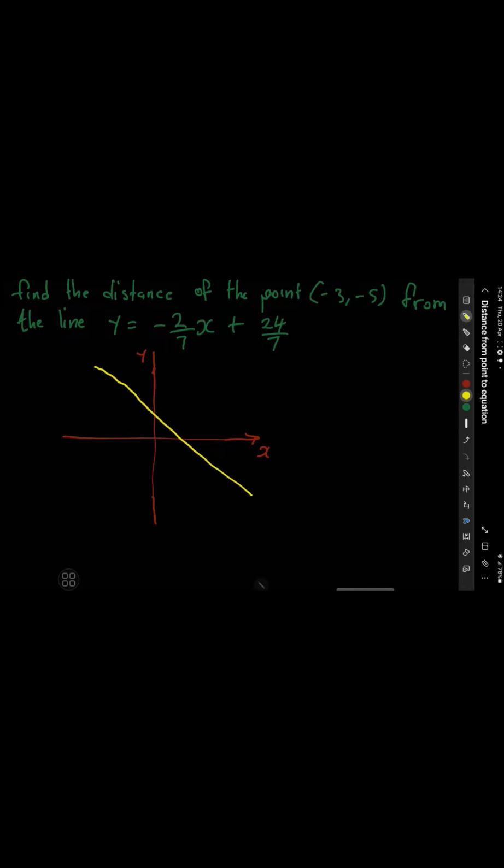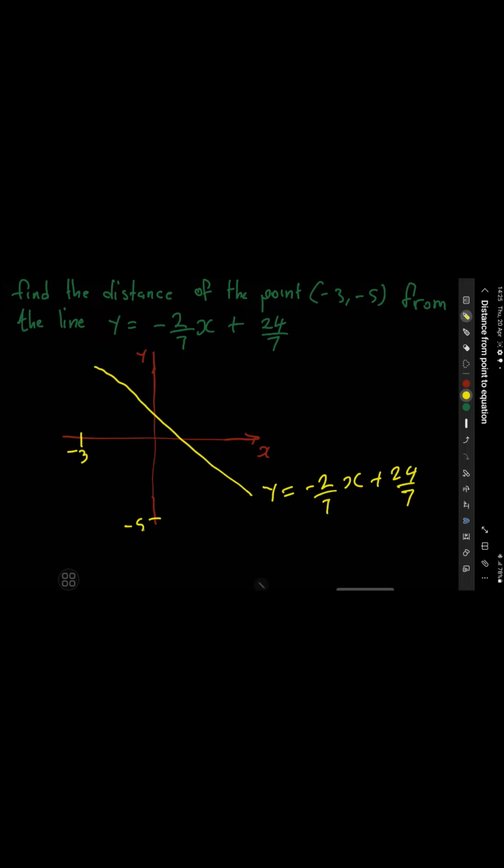So if this is our line, the equation, which is y is equal to -2/7x plus 24/7, then we can also plot this point. Say we have -3 here and we have -5 over there. So our point would be somewhere here.